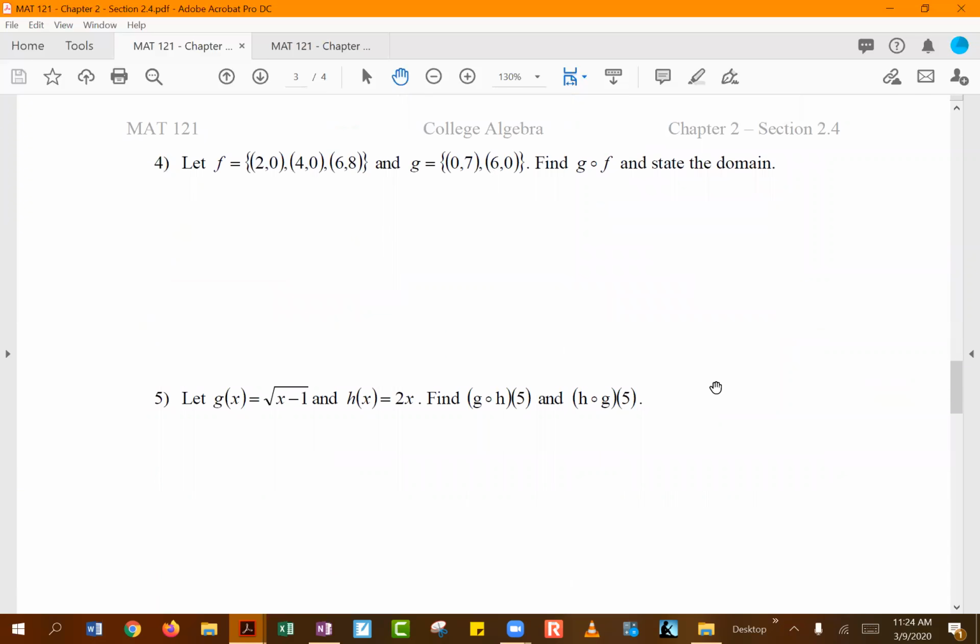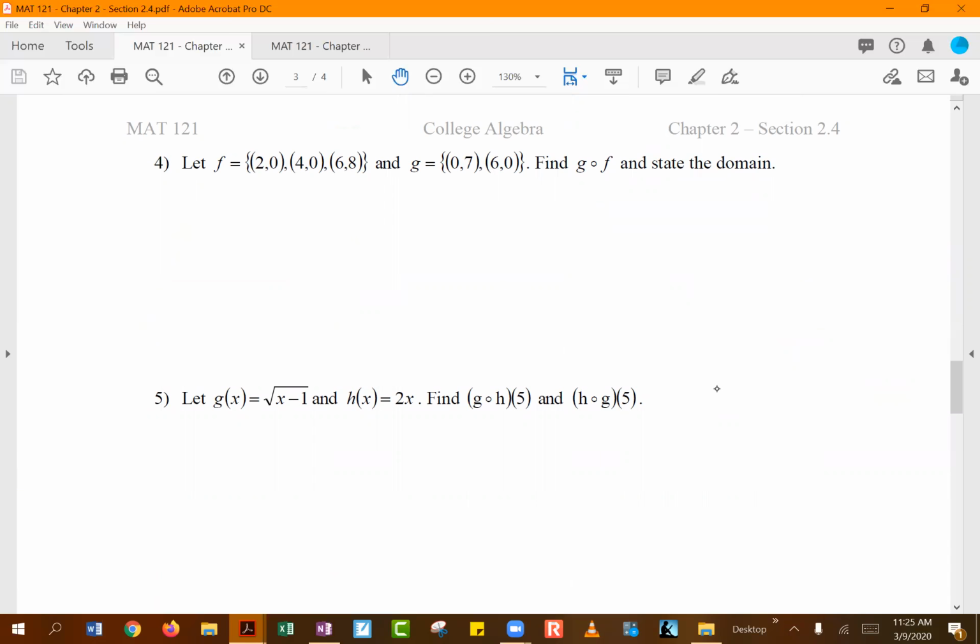So we're starting out with a set of ordered pairs again, and they're asking us to find g of f. g is the first function that's written down, which means g is going to be the outside function. f is the second function that's written down, so f is going to become your inside function.